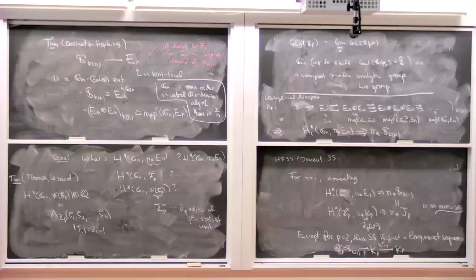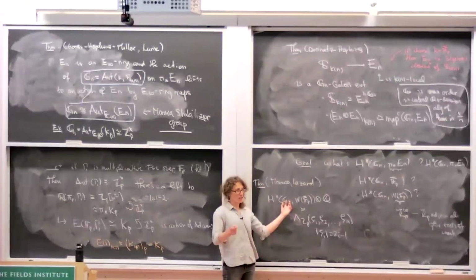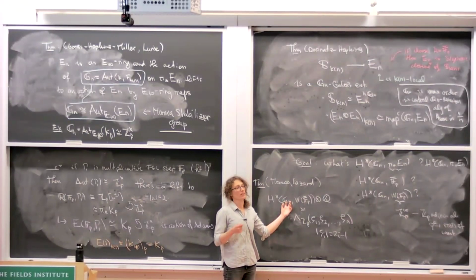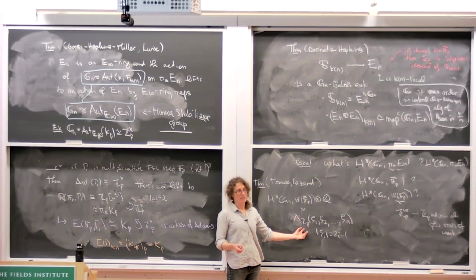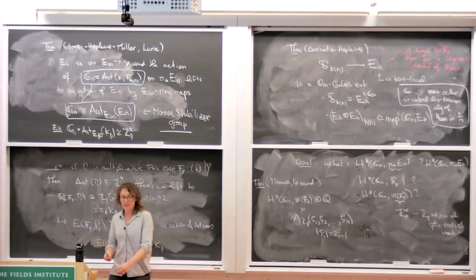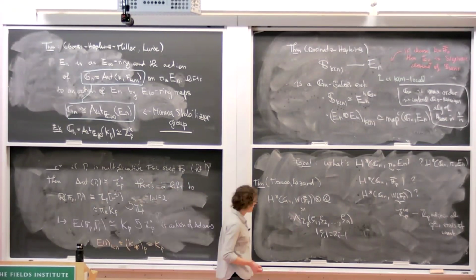This has to do with the Lie algebra of this thing: you can identify the Lie algebra rationally with the Lie algebra of the unitary group, and so then you recognize this cohomology. Okay, great.